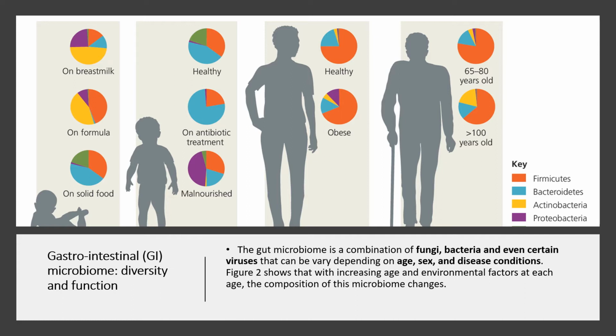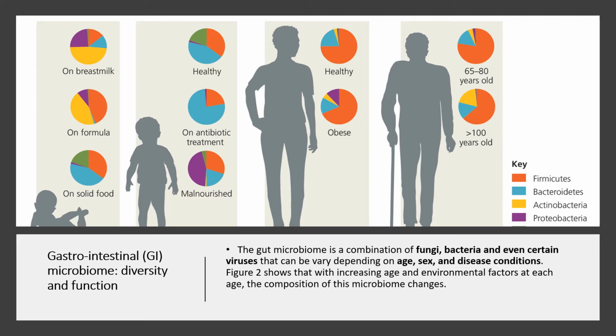The gastrointestinal (GI) microbiome, or gut microbiome, is a combination of fungi, bacteria, and even certain viruses that can vary depending on age, sex, and disease condition. In this picture, we can see that with increasing age and environmental factors, the composition of the microbiome changes.